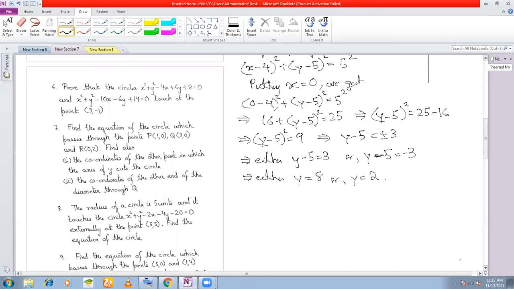So the roots of this quadratic are 8 and 2. Therefore, the circle cuts the y-axis at (0, 8) and (0, 2).